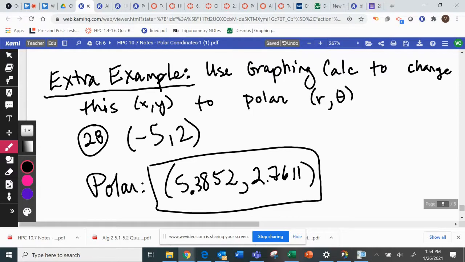So now if you get a bunch of decimals, that is a calculator question. If you're asked to do it without the calculator, probably going to get like radicals.